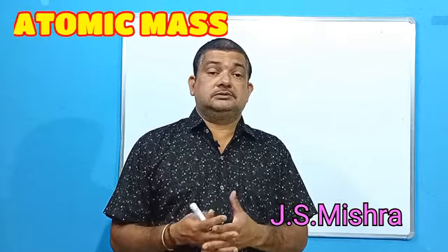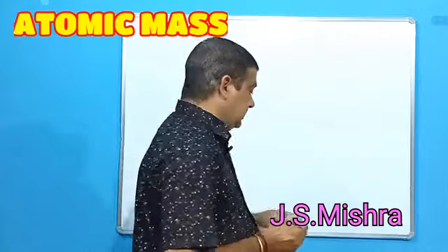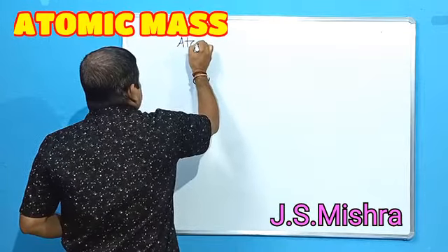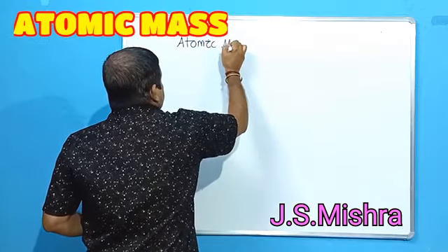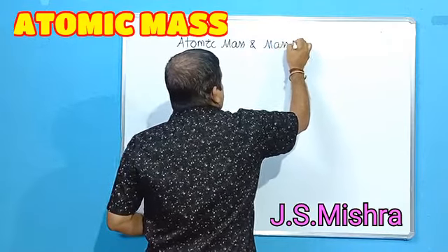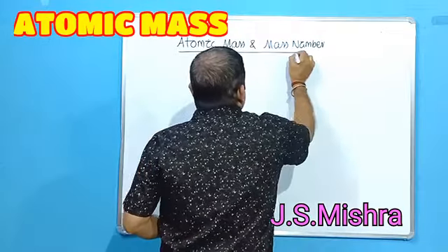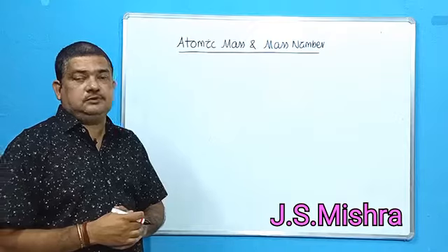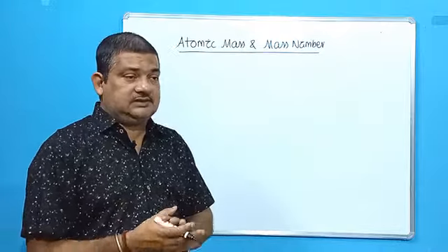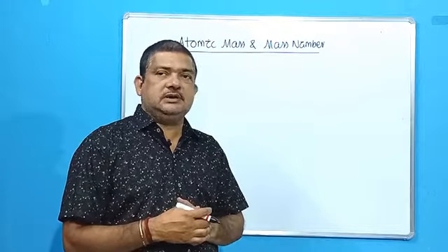Today we'll discuss atomic mass and mass number. In the last class, I gave you some hints that these two are not the same, although they are seemingly the same. For ease of calculation, we round off the atomic mass to the nearest whole number.